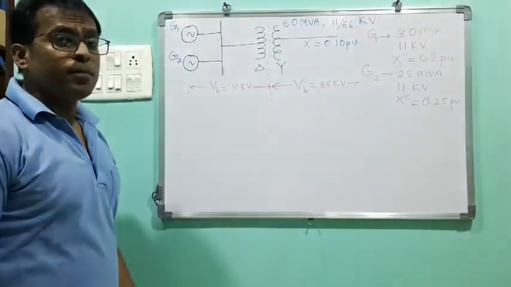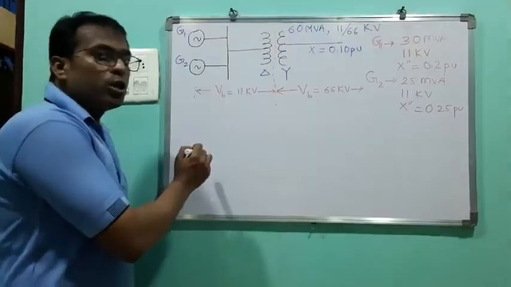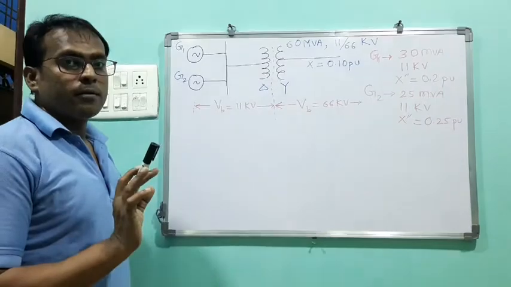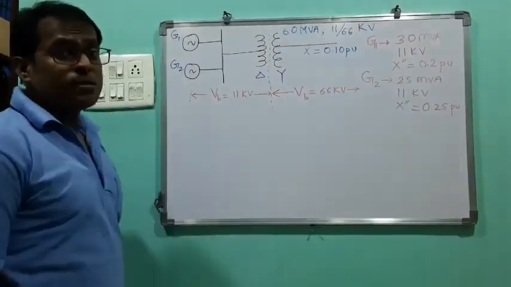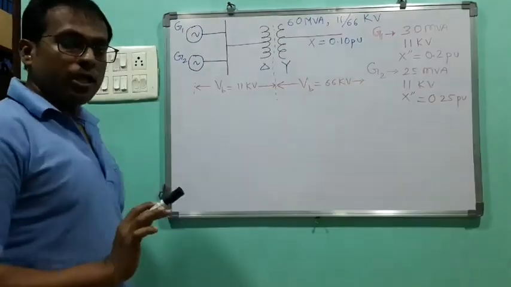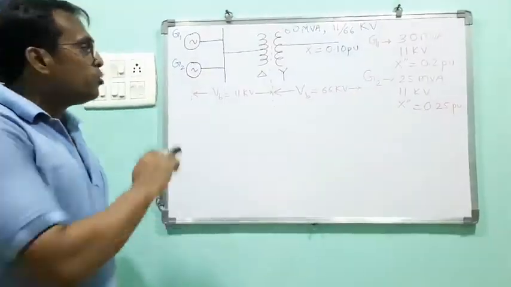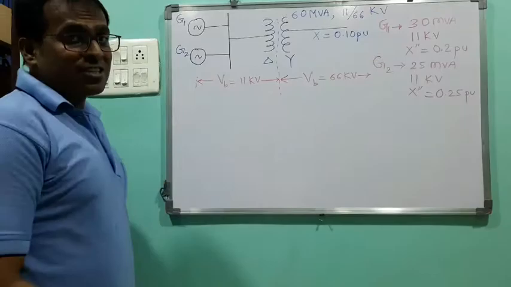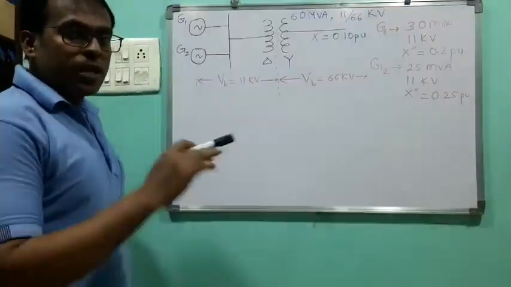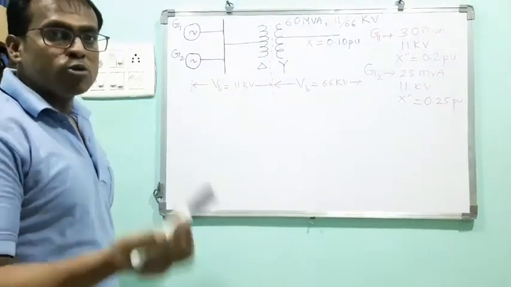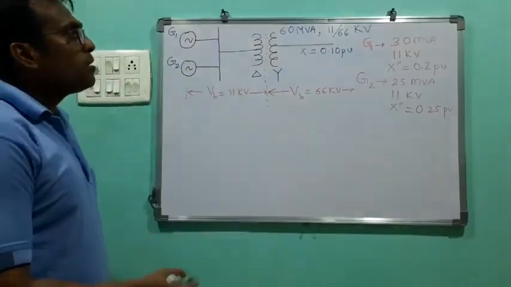But talking about the MVA base, in this particular numerical the MVA base is given, so you have to consider that only. Otherwise, you have to take the larger rating as a base, or a round figure like 10, 100, 1000. But in this numerical, the base is given.